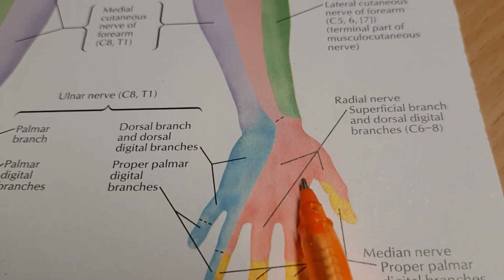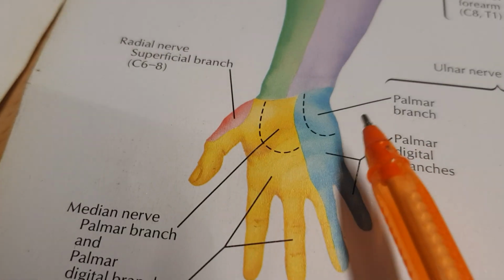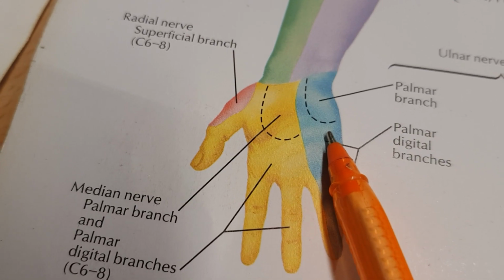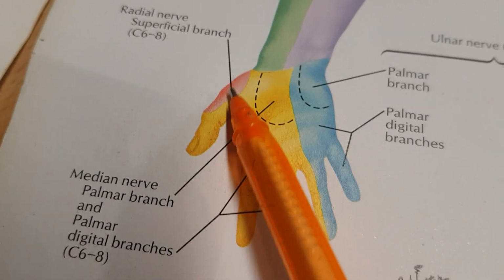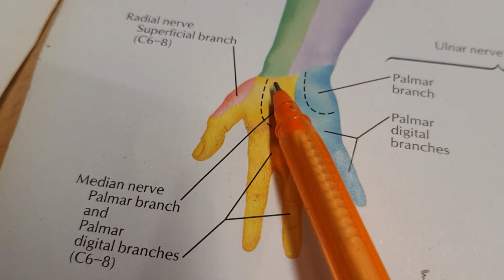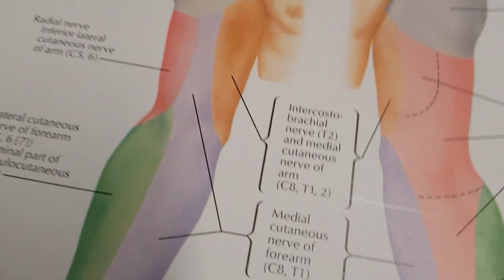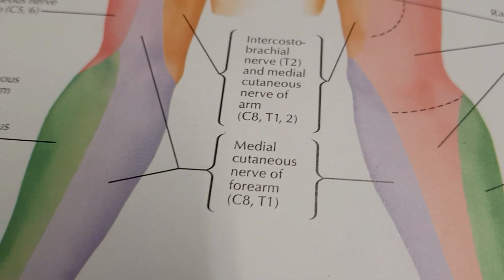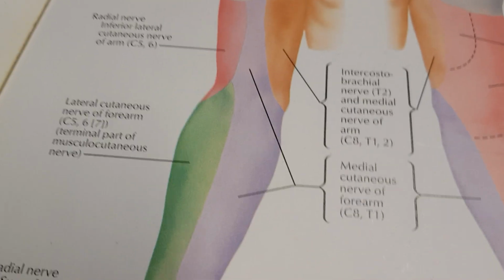This part is the radial nerve. This is ulnar. Then if you turn it around, it's still the ulnar nerve, but anteriorly you can test the median nerve. So from the hand, you can test 3 peripheral nerves. Okay. If you catch it the way I explain it, it will be easier for you.